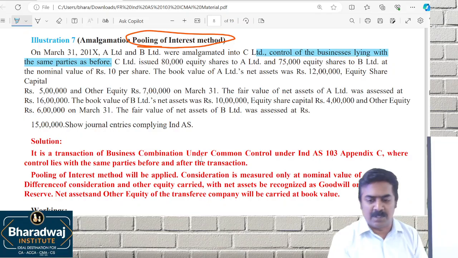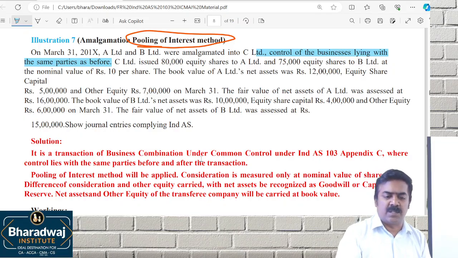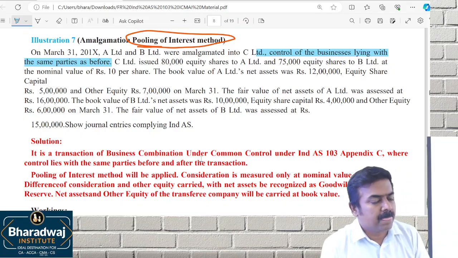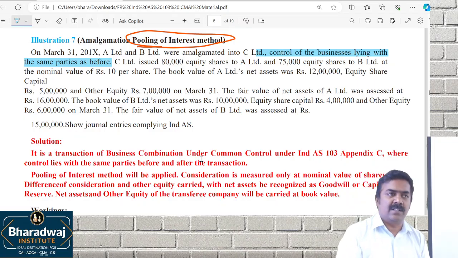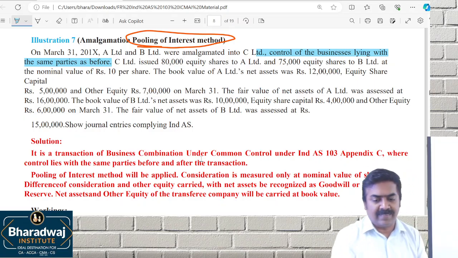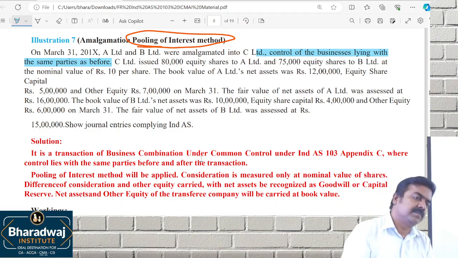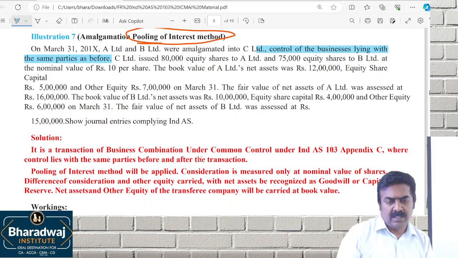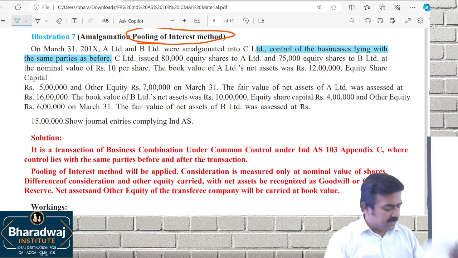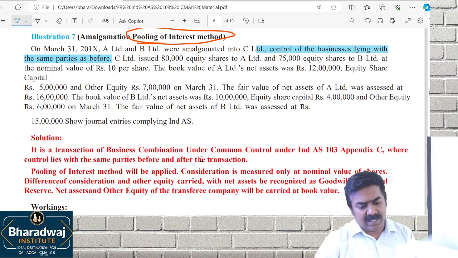Transferee's reserves and surplus are merged with which one? Transferor's reserves and surplus. Full stop.